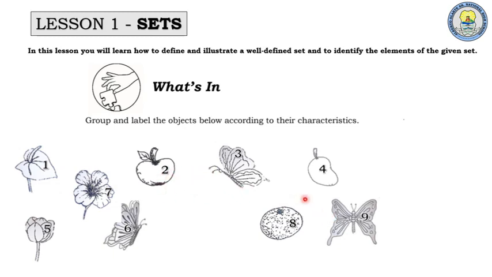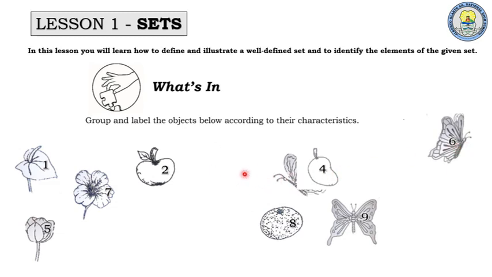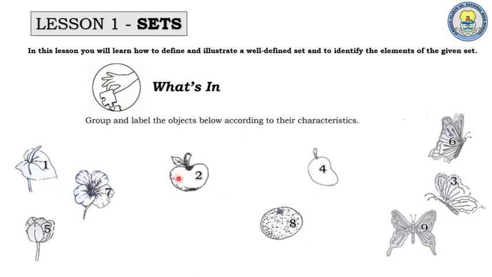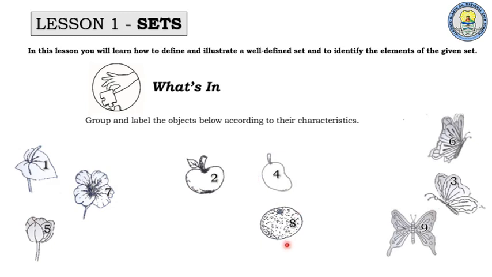How about the butterfly? Butterfly, and then number 3 is also a butterfly, and number 9 is also a butterfly. And for the last group, number 2, number 4, and number 8.